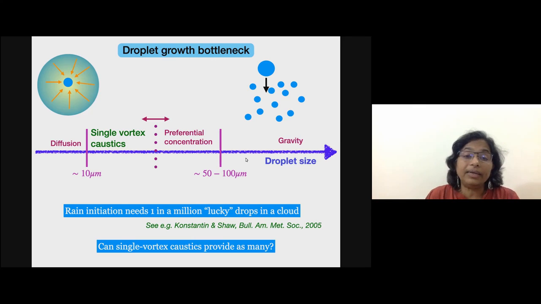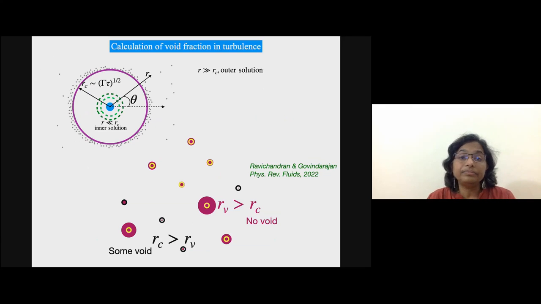So how can rain initiation happen? You start out with particles all of very teeny tiny Stokes number, and 1 in a million of them can participate in these caustics events. And if they participate in single vortex caustics, they can grow big enough, and then they can create rain. So the question is, can single vortex caustics provide as many as you need, namely 1 in a million?